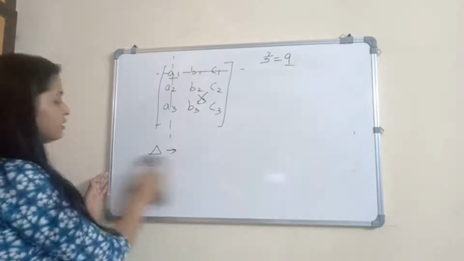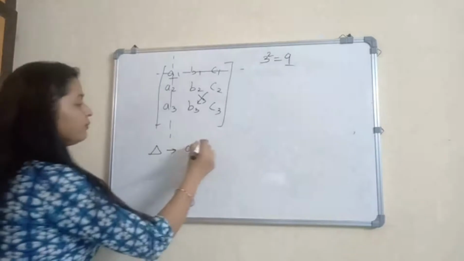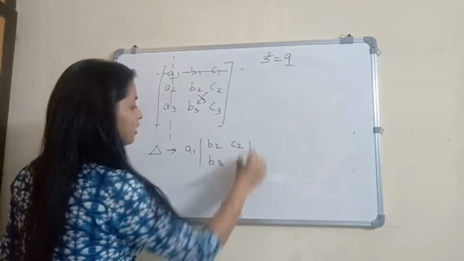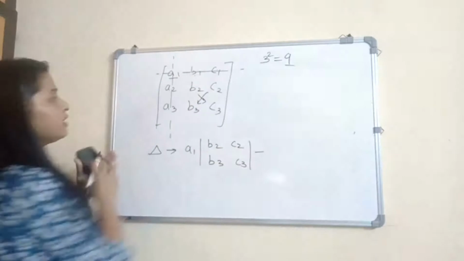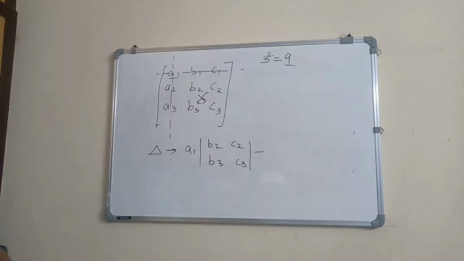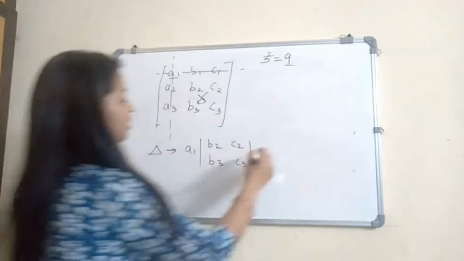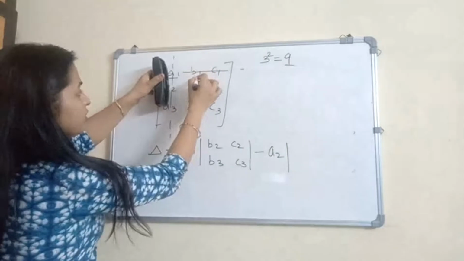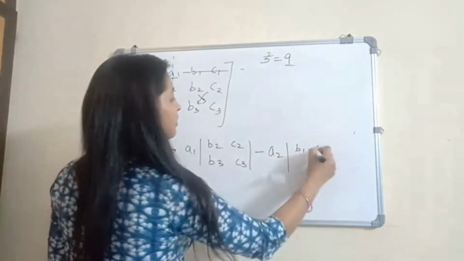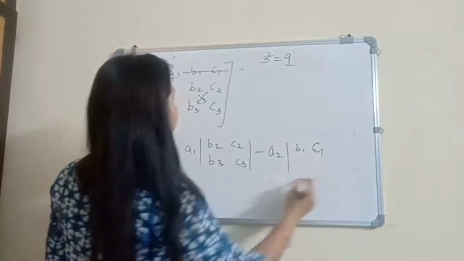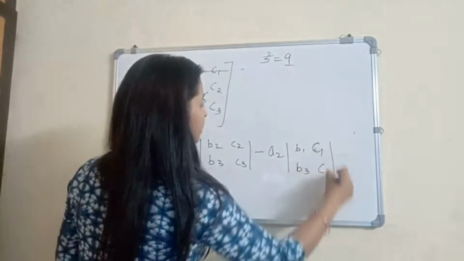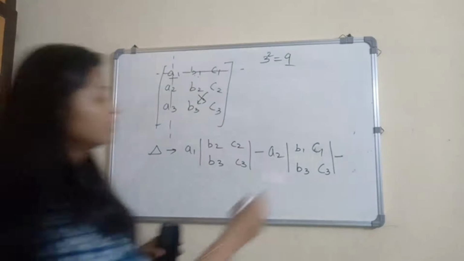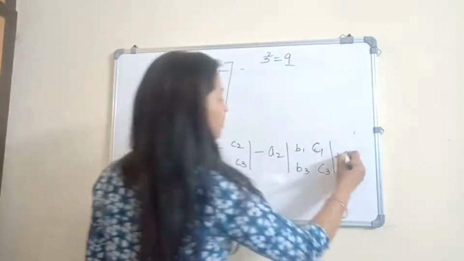So I'll calculate del first. This is A1, minus this B1. One by one, sorry, A2: first, we take the column A2. If I hide this line and this middle line, there will be B1 C1, B3 C3. Minus, the last one is A3, the positive one.